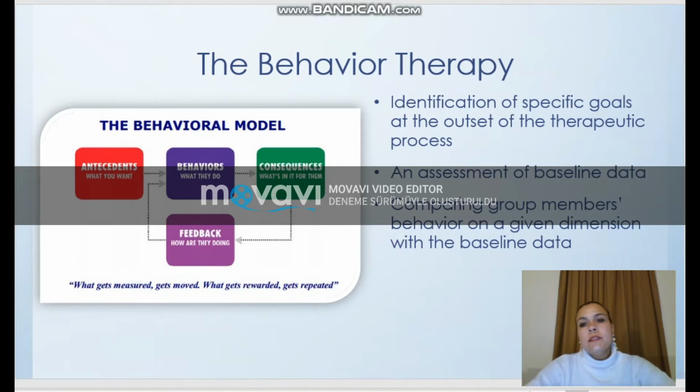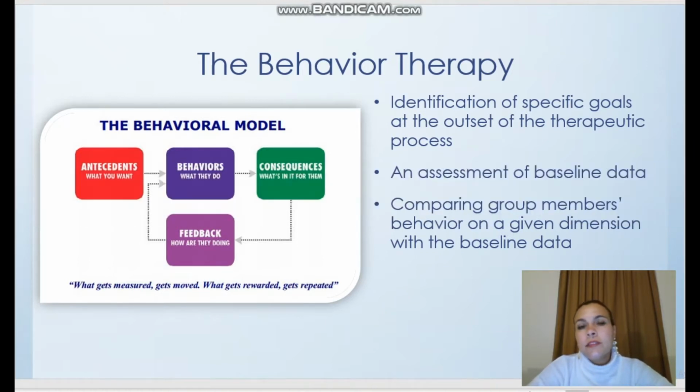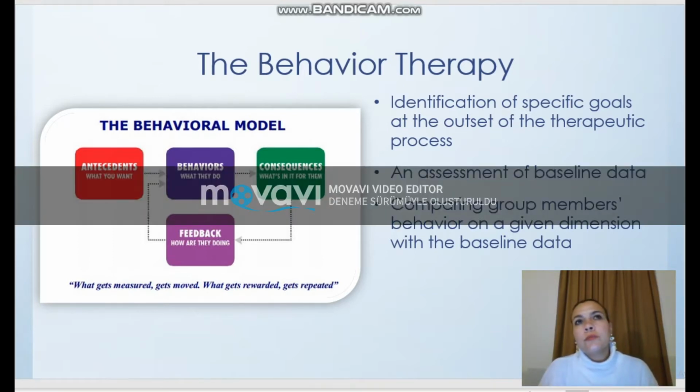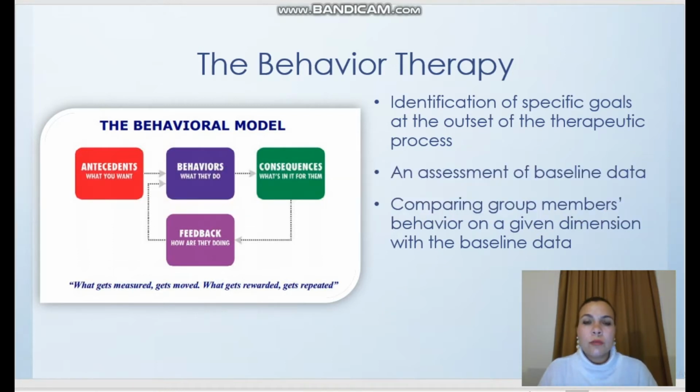For behavior therapy, actually at the group setting, behavioral goals are determined for members, okay? Basically, at baseline, when all of the group members attend the first session, let's say, an assessment is made on where they are on the goal they want to achieve.